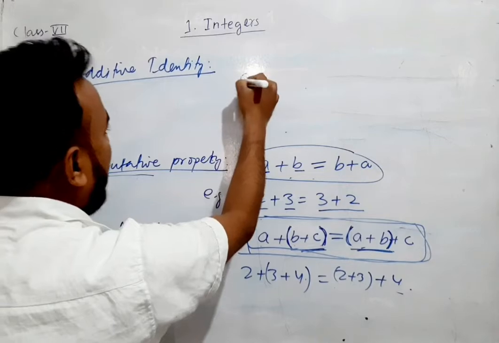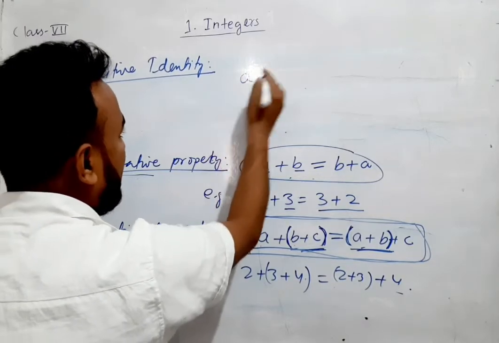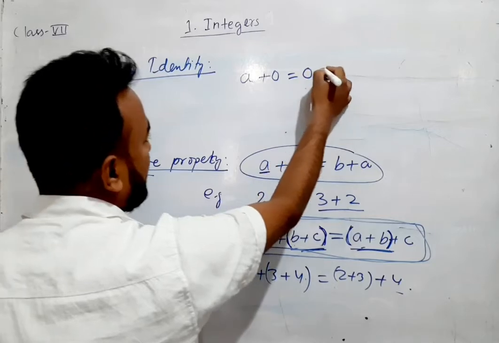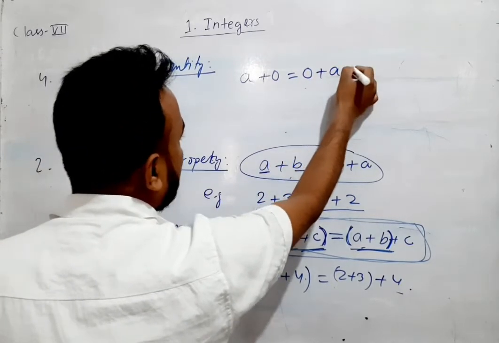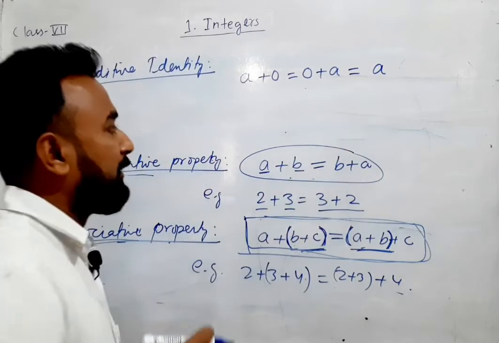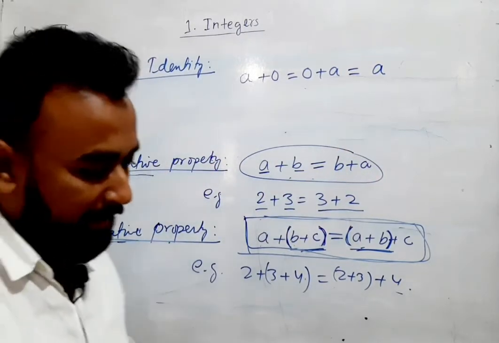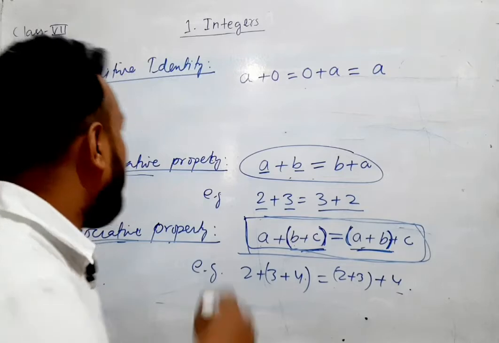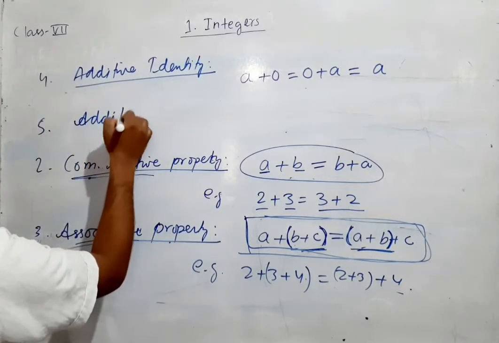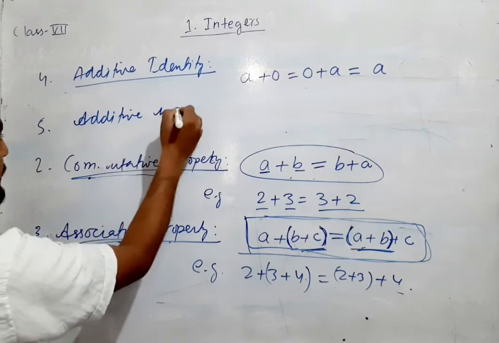When you add any integer, let's say a, with a 0, you will get the same integer, that is a. This relation tells you about the additive identity.